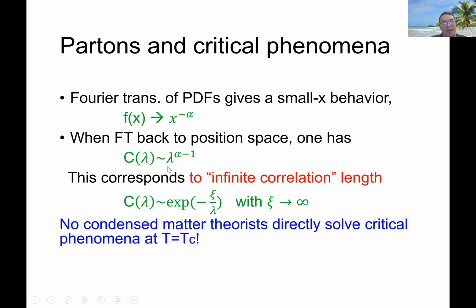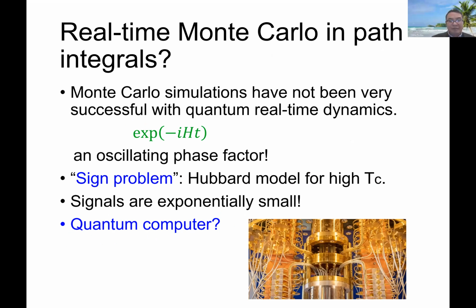If you have an algebraic decay, it means the correlation length goes to infinity. So the parton system, or infinite momentum frame, actually corresponds to a system at a critical point in condensed matter physics. And of course, condensed matter theorists never solve a critical point problem exactly, because the problem is too hard.